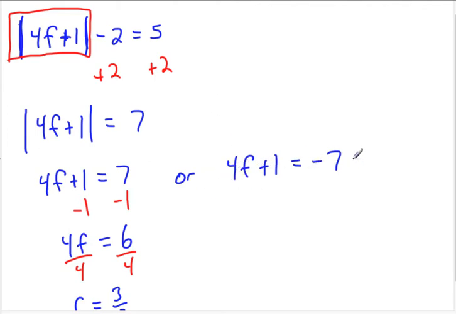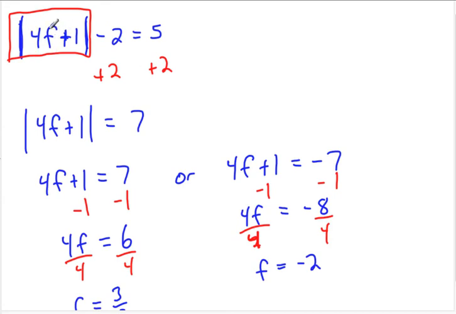So 4f plus 1 equals negative 7 as well. So if we subtract 1 from both sides, we're going to end up with 4f is equal to negative 8. And then we're going to divide both sides by, whoops, not 2, by 4. And we're going to end up with f equals negative 2. So we're going to plug that in over here.